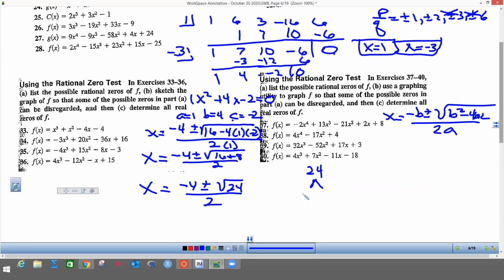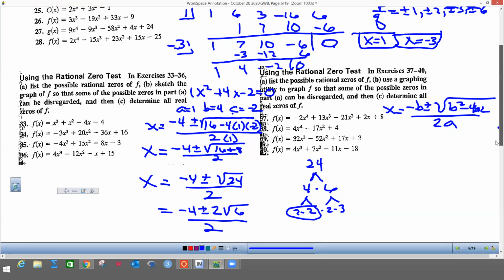So 24 is going to be 4 times 6, which is going to be 2 times 2 times 2 times 3. So I hope you see I got a pair of 2's in there. So I get to take a 2 out of the radical. What stays in is the 2 times 3, so the 6 stays in. Now, if you look at the numbers outside the radical, those are the only ones you can reduce.